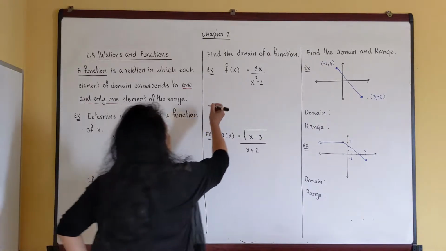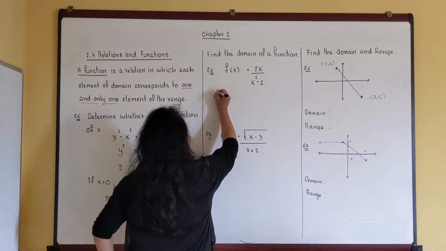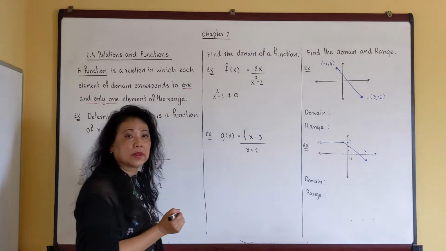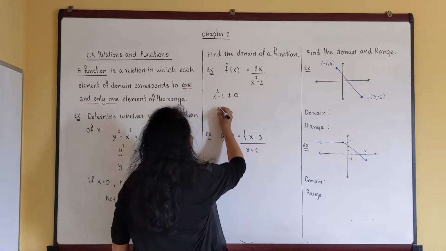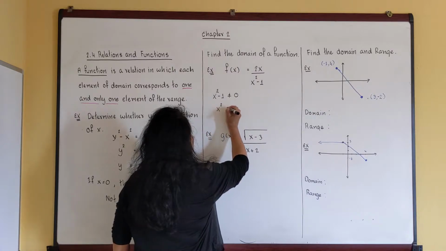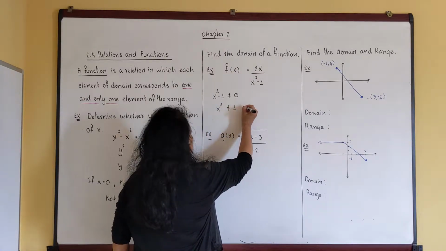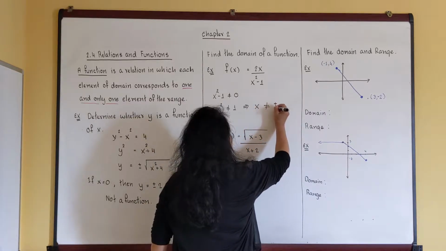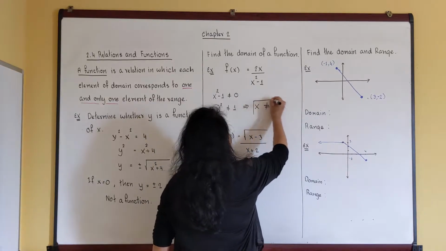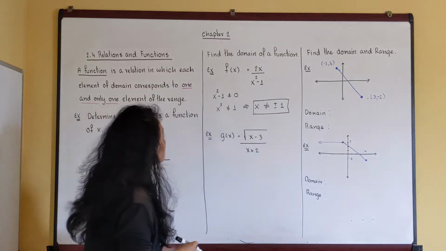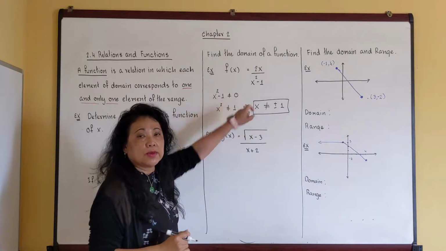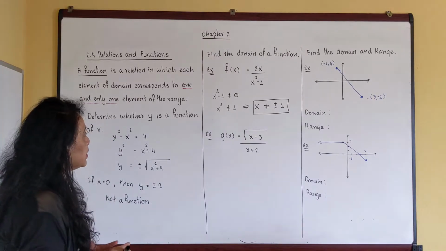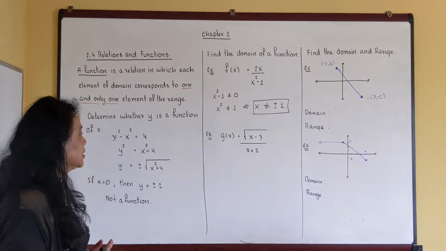So we don't want x squared minus 1 to equal 0, which means x squared cannot equal 1, which implies x cannot equal plus or minus 1. Because if x equals 1, you have 0 in the denominator, same as negative 1. So it can be anything but plus or minus 1.